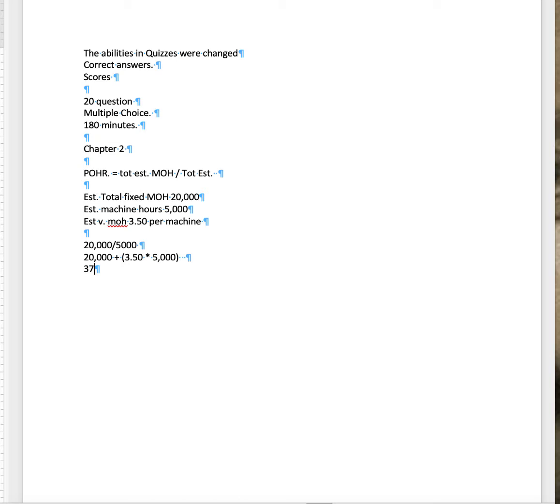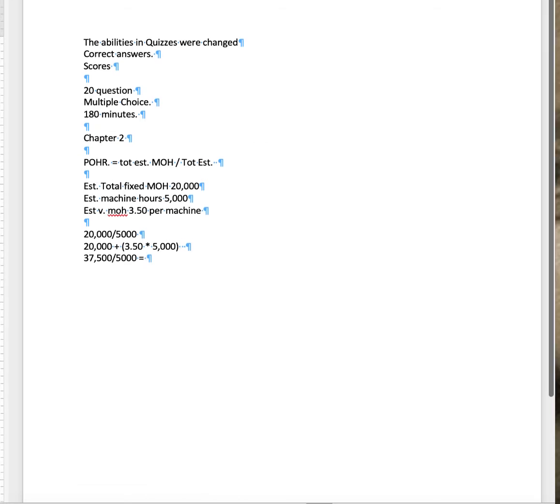So 37,500 divided by the estimated total machine hours of 5,000 will give you your correct predetermined overhead rate. Okay? So I just wanted to point that out to make sure we're all on the same page there.